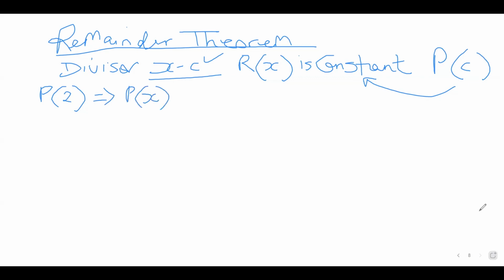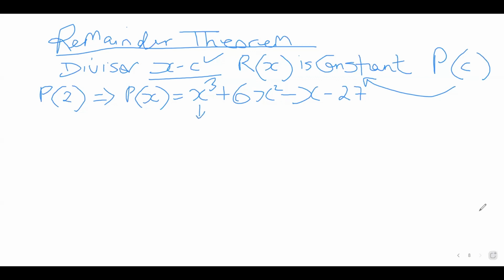the expression p(x), where x cubed plus 6x squared minus x minus 27. So we're going to do similar to what we did for the other question, using synthetic division.